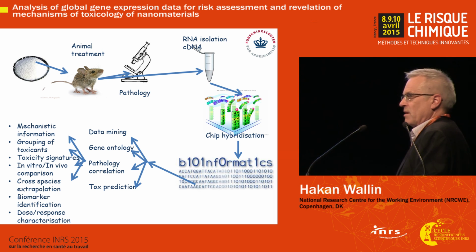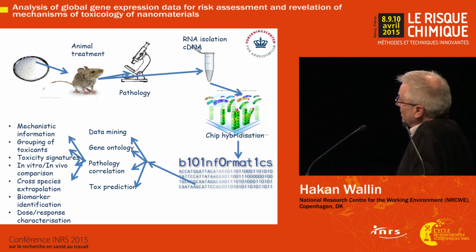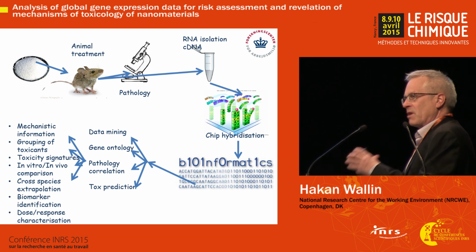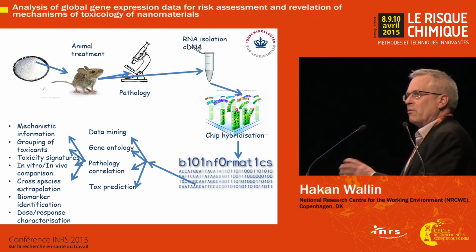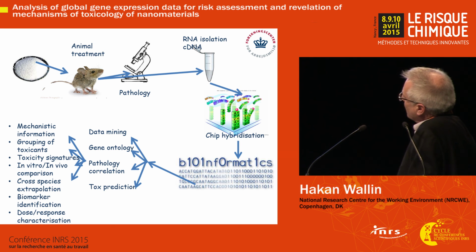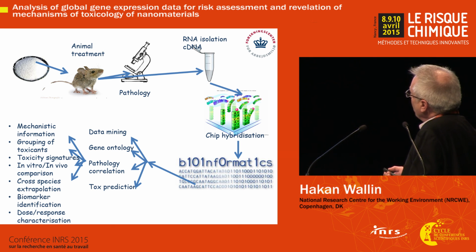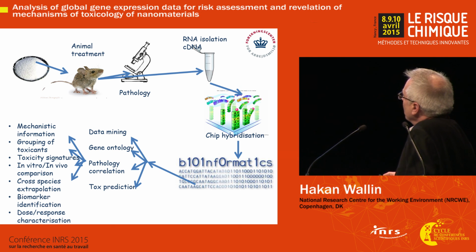These are chemically very similar, but the physical structure or coating can dramatically change the biological activity, and we need instruments to be able to identify which physicochemical properties render a material more or less active. So this we call grouping. It's one of the new catchwords.